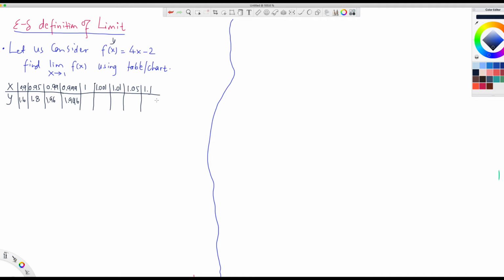Similarly, if you come from the right side, at 1.1 you will get 2.4, at 1.05 you will get 2.2, and this will be 2.04, and this will be 2.004. You see that? If you go to 1 from the right side, the height of the function is getting close to 2.